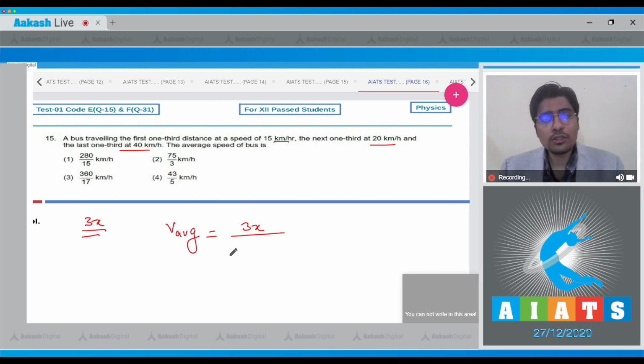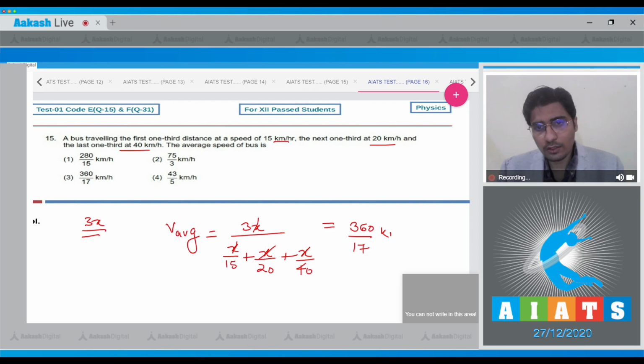The time in individual journeys will be x/15 + x/20 + x/40, as distance by speed is equal to time. Here x gets cancelled out and we get a value of 360/17 kilometers per hour. As per the given options, the correct answer for this question is option number 3.